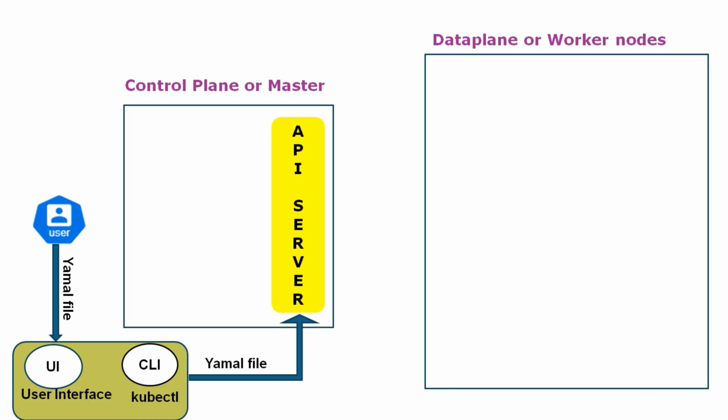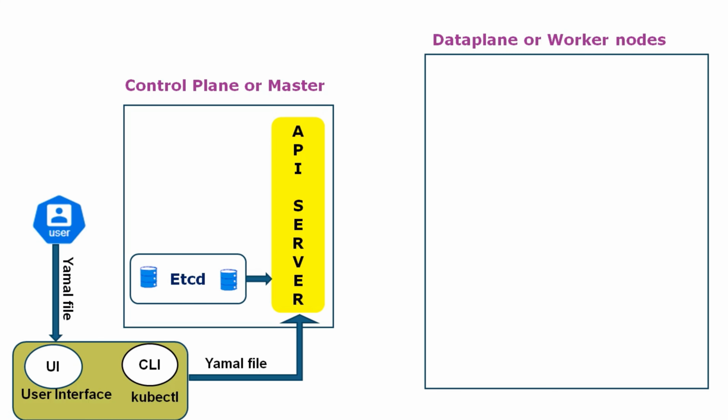Next, once the API server reads the information from your YAML file, it will store it in one location called etcd. You can consider etcd a small database in which the YAML file you give will be stored in key and value format.